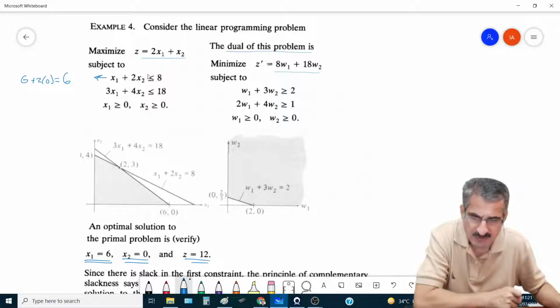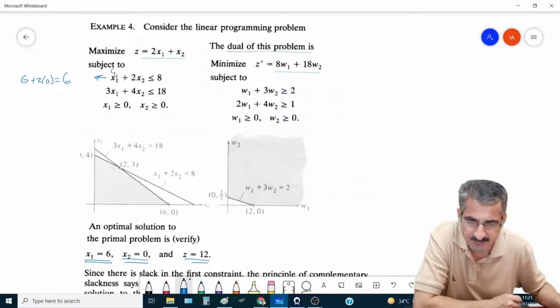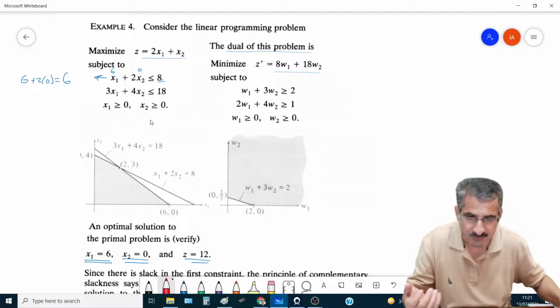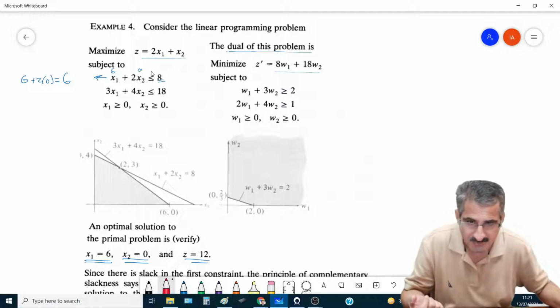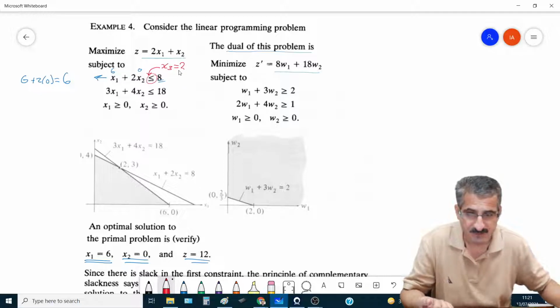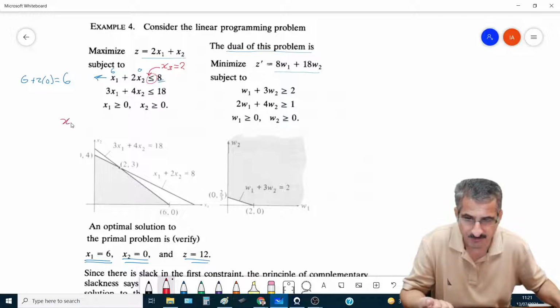Pay attention to what I'm saying. If I substitute 6 in here and 0 in here, I don't get 8, I get 6. So we need to introduce a slack variable, x3, to make this an equality. It will become x1 plus 2x2 plus x3 equals 8.